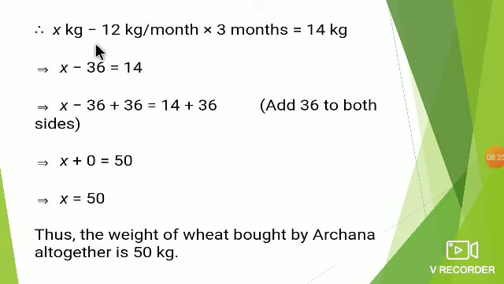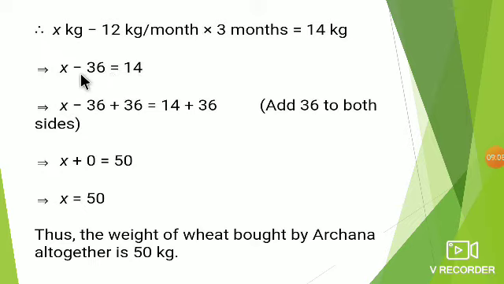Let's express in the form of the equation: x kilogram, meaning the total wheat, from that minus 12 kilogram into 3 months. In 1 month 12 kilogram, in 3 months 12 into 3, is equal to 14 kilograms which are left with her. x minus 36, 12 3s are 36, is equal to 14.